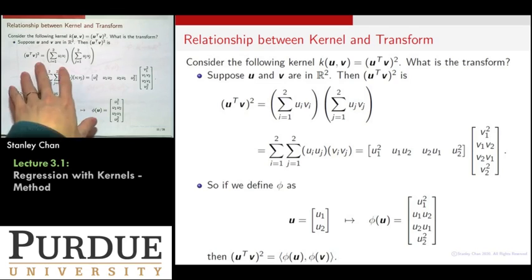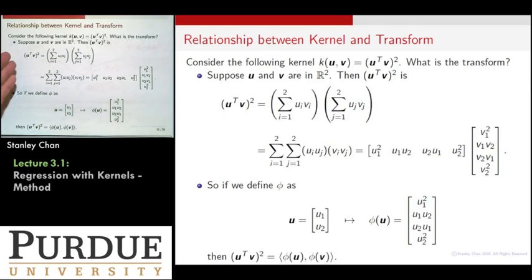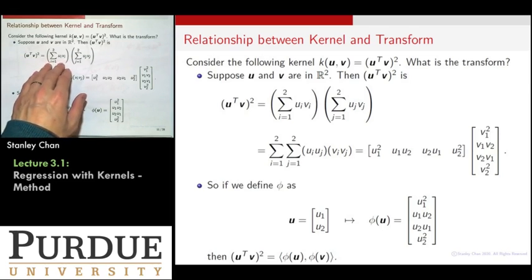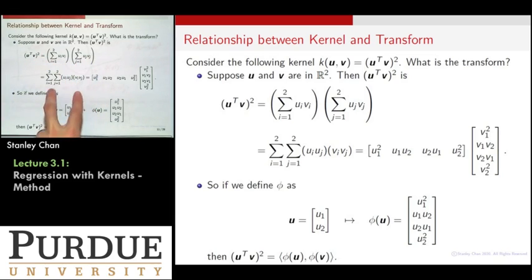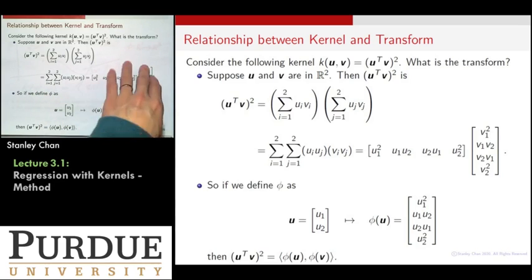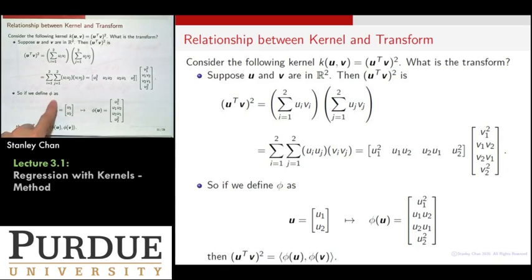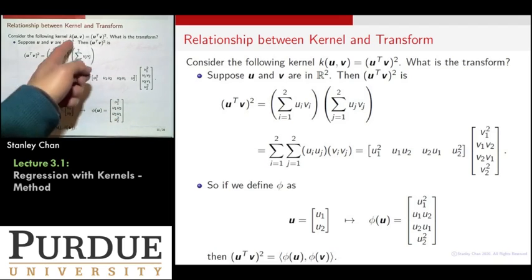Well, you can follow these steps. It's according to my definition. I can write the definition using the transpose, and since you have a square, you have two of them. Then you can expand them out, and write them as these two vectors. Now if you transform u to this phi of u with these numbers, then you will get the kernel.